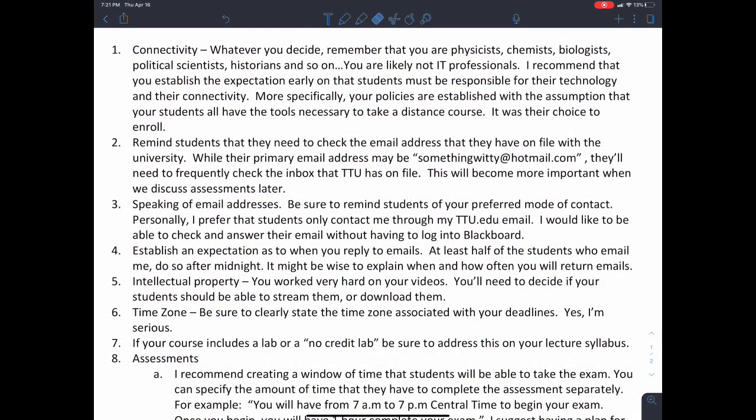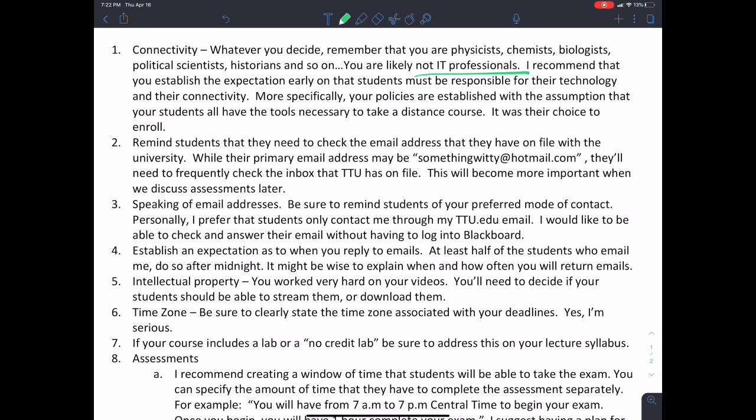So our first point is connectivity. Whatever you decide, remember, you're not likely an IT professional. You're probably a physicist or a chemist or a biologist, political scientist, historian, and so on. So what I recommend is that you establish the expectation early on, as in day one, that students must be responsible for their technology and their connectivity.